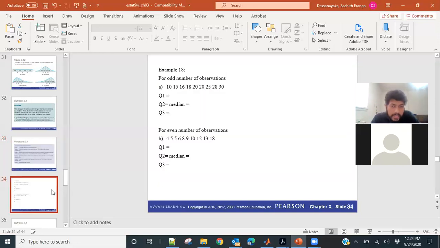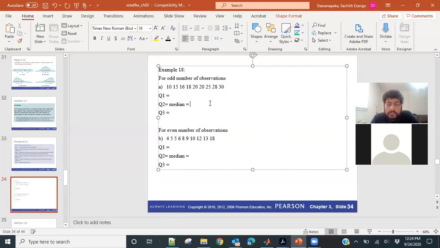So let's check how we find this. Without any problem, you should be able to find Q3. First of all, you have to check whether this data set has an odd or even number of observations. If it is an odd number of observations, you can directly find your median, n plus 1 divided by 2.